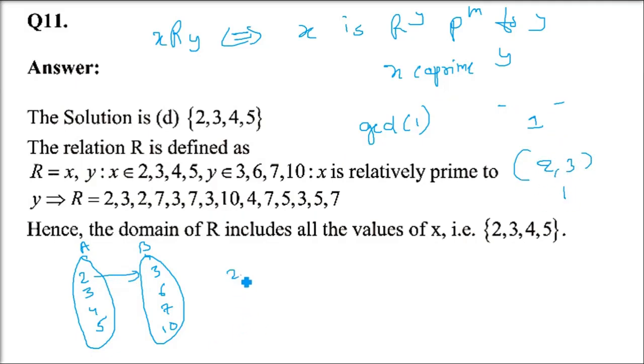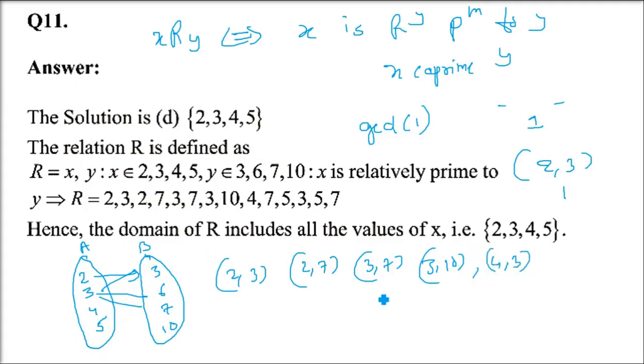There is no other number which can divide both of them except 1, so (2, 3) you can take. (2, 6) no, 2 can divide. (2, 7) you can take. (3, 3) no, (3, 6) no, (3, 7) you can take, (3, 10) also you can take. (4, 3) you can take, (4, 6) is not possible because 2 can divide them, (4, 7) you can take, (4, 10) no, 2 can divide it. Now (5, 3) you can take, (5, 6) you can take, (5, 7) you can take, (5, 10) they will be divided by 5. So this is the final answer.